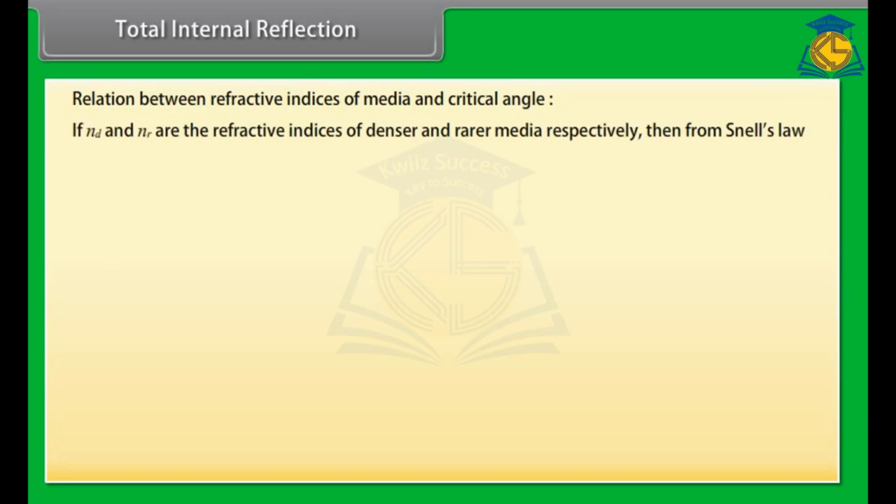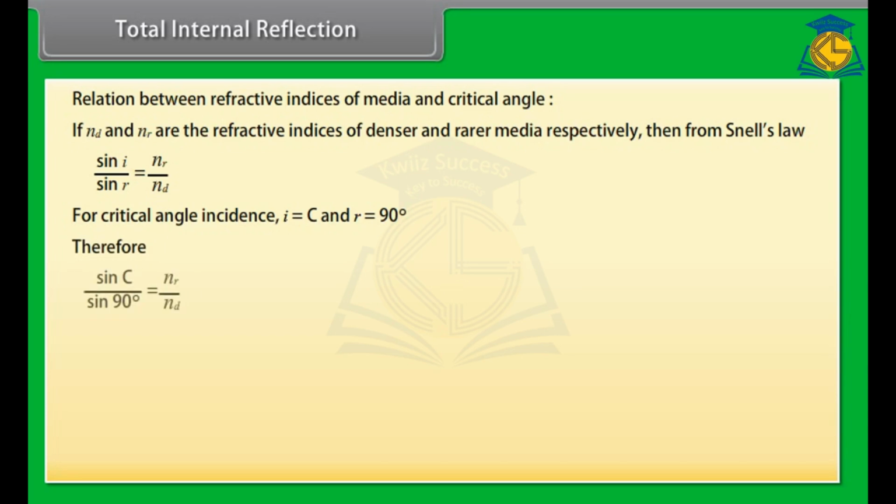If ND and NR are the refractive indices of denser and rarer medium respectively, then from Snell's law, sin I by sin R is equal to NR upon ND. For critical angle incidence, I is equal to C and R is equal to 90 degrees.